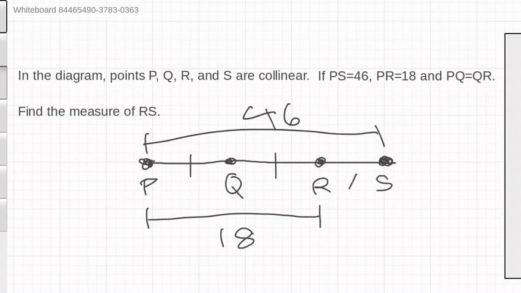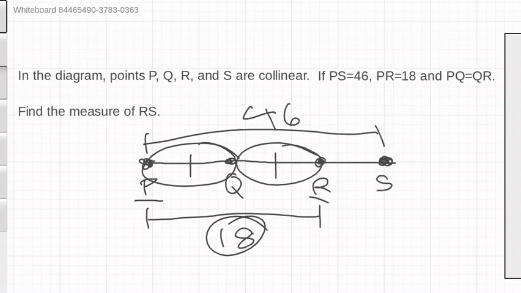So now we need to figure out, we know that from P to R it's 18, and we know that the 2 pieces involved in it, PQ and QR, are equivalent. They're congruent. They're the same value. So that's just saying x plus x is equal to 18.